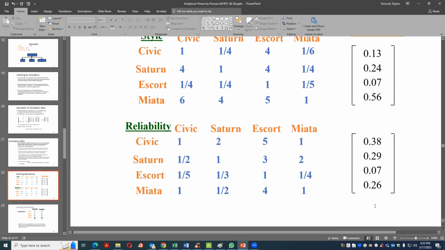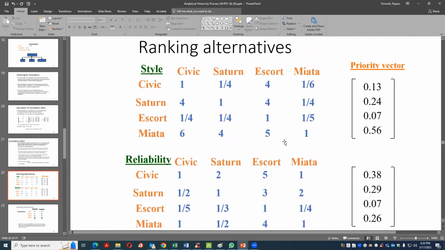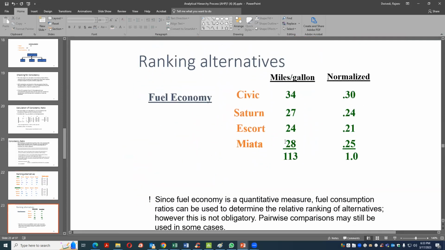And now mileage: since for mileage it is already industry proven, or the company has already claimed they have this kind of mileage, we normalize these mileage values, meaning 103 total. Then what is the weightage of Civic? What is the weightage of Saturn, Escort, and Miata? And total.